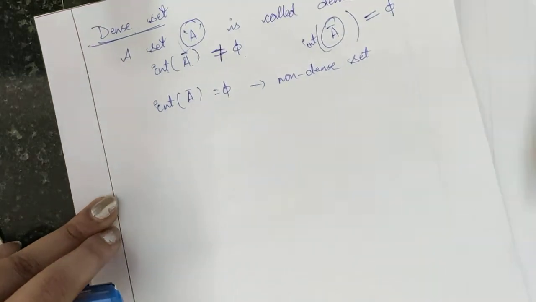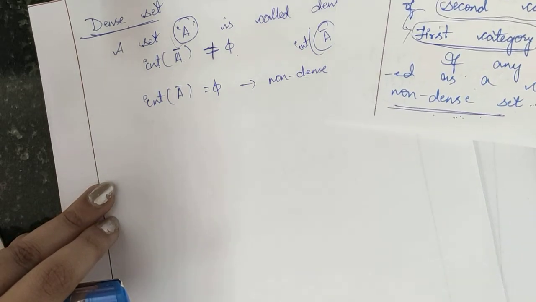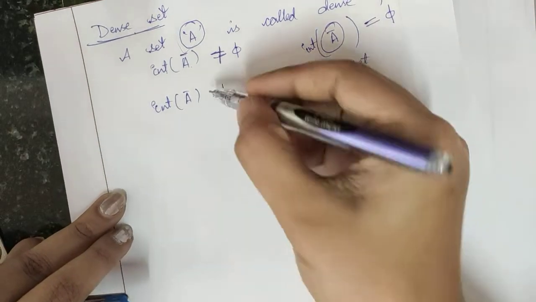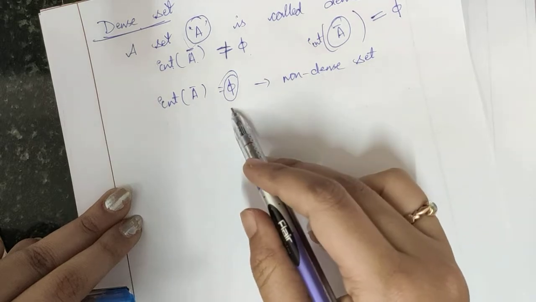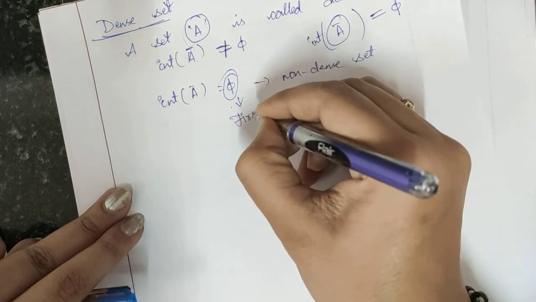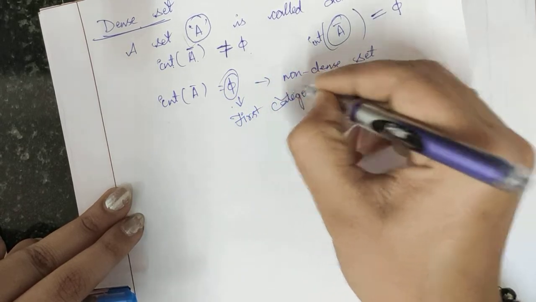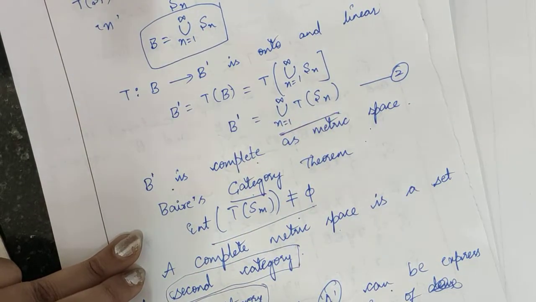So now compare the definition with first category. If any set A can be expressed as a countable union of non-dense set, that means countable union of null, will come to first category. Since B prime is not null, it will come under second category.